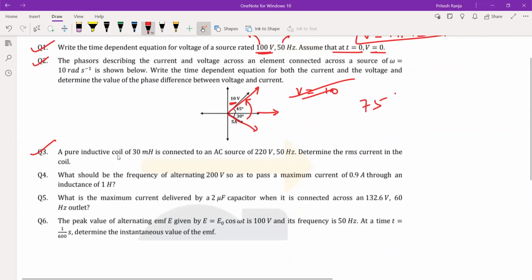Number 3, a pure inductive coil of 30 millihenry is connected to an AC source, determine the RMS current. To get it confirmed, let me ask randomly. Pranjal Munshi will tell us the answer.